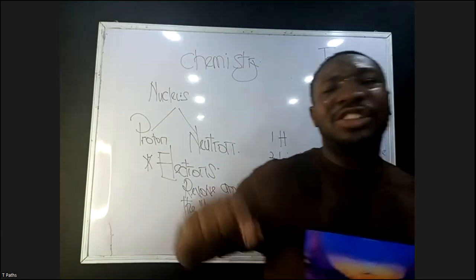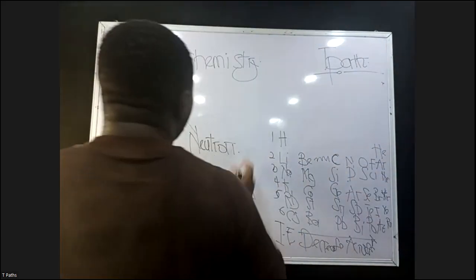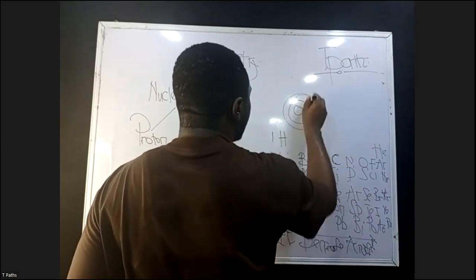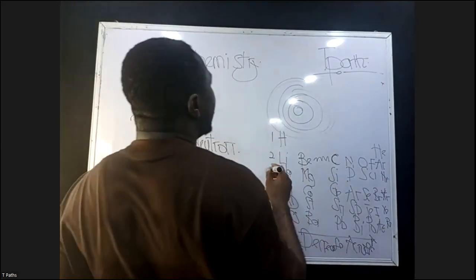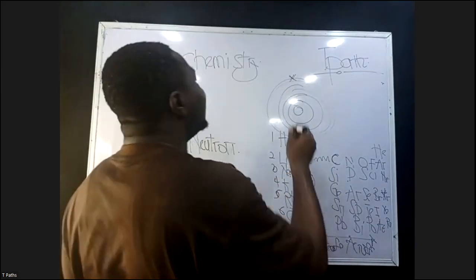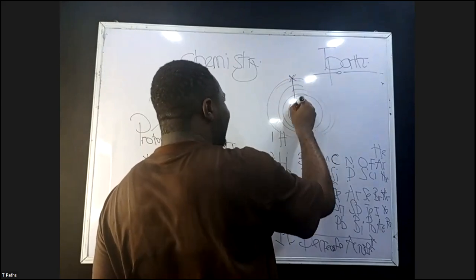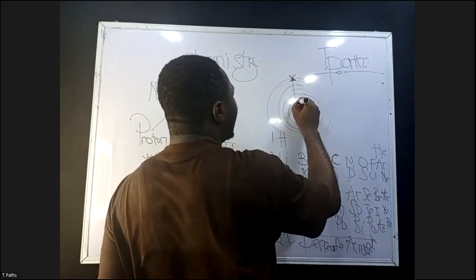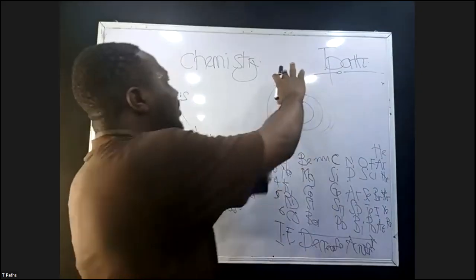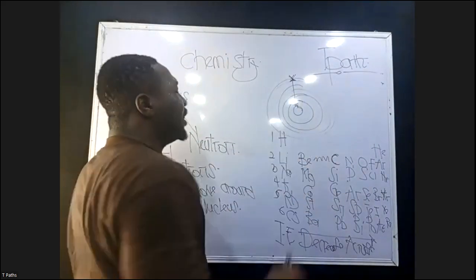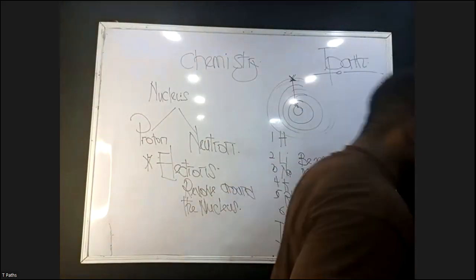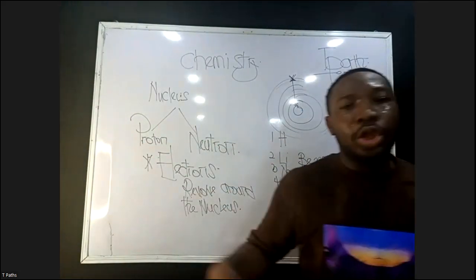Now, if the atomic size is increasing, let's observe this. I have an outermost shell electron here. The distance between this outermost shell electron and the nucleus will keep on increasing as you add new shells.